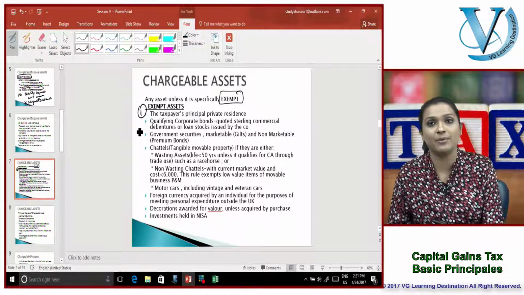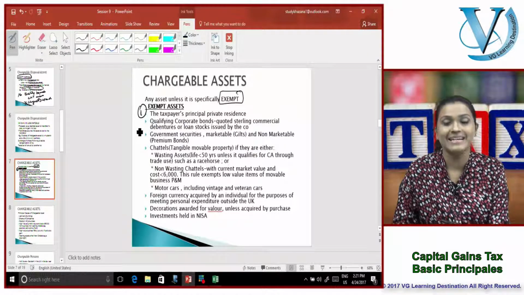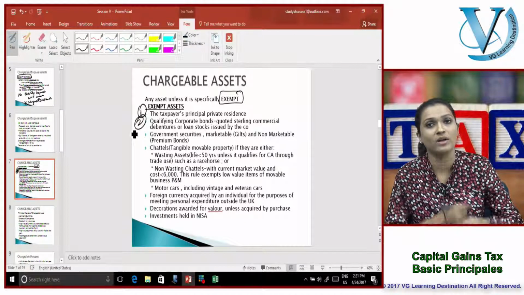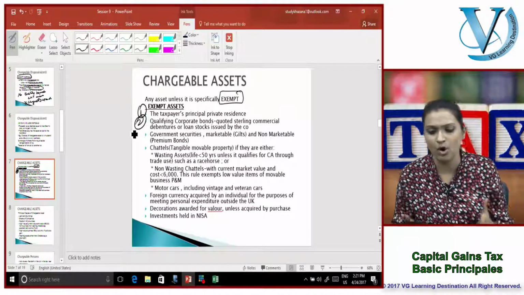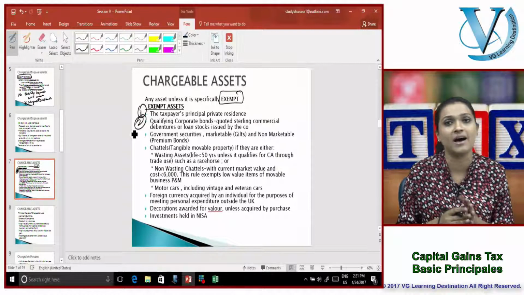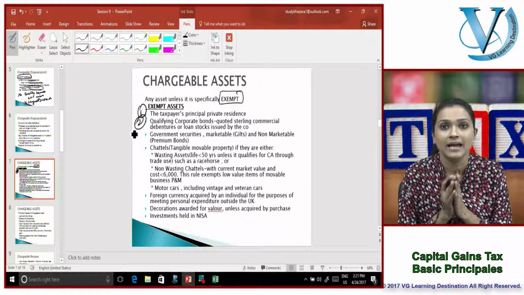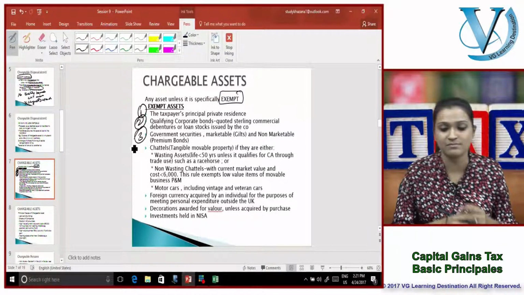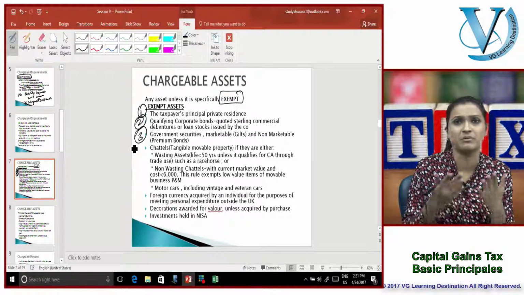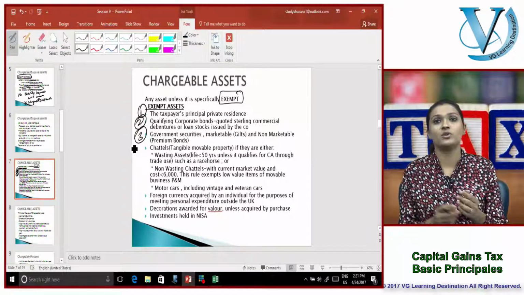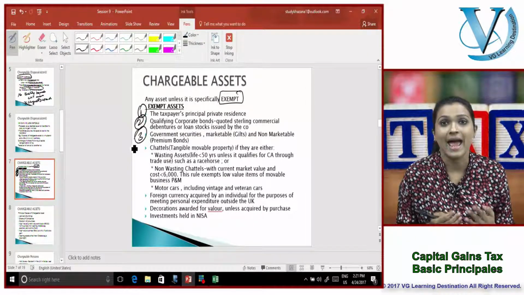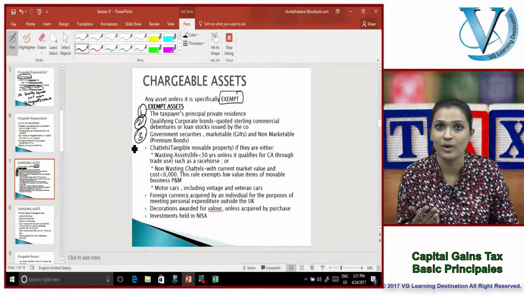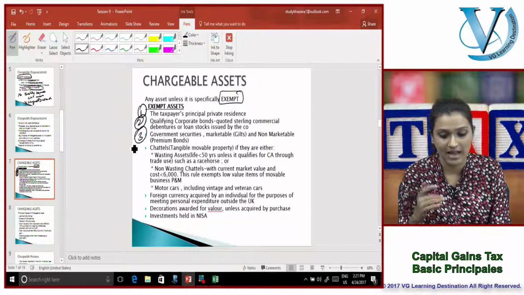Also, qualifying corporate bonds, that is quoted sterling bonds, commercial debentures, all of these are exempt from any capital gains tax liability. Any government securities, marketable gilts, non-marketable premium bonds, again you're trying to encourage people to make these investments. When you sell them off, they will not be subject to any capital gains tax liability.